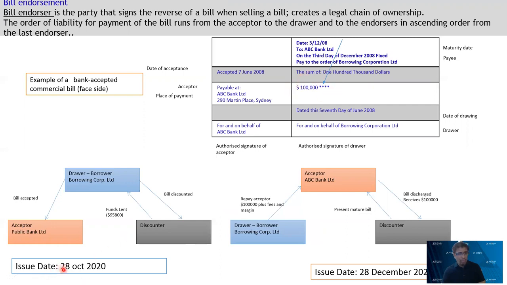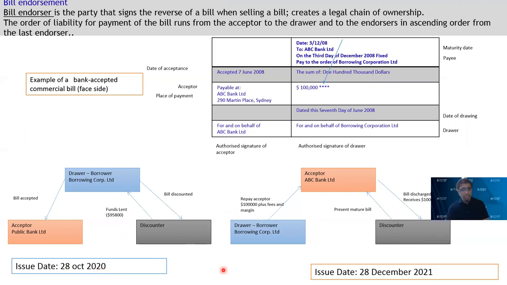So if the contract is on the 28th of October 2020, and then on the 28th of December 2021, the discounter expects to receive 100,000 for the 95,000 he paid to the drawer. Now, when this happens, it should be happening between the borrower and the discounter.